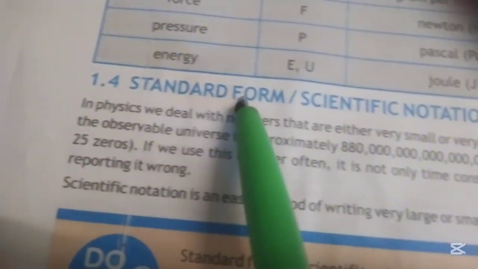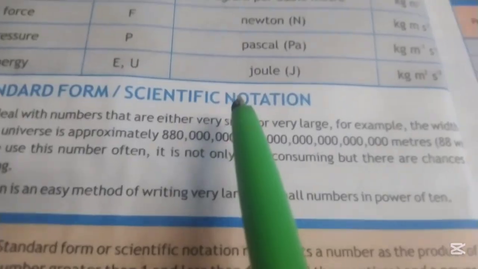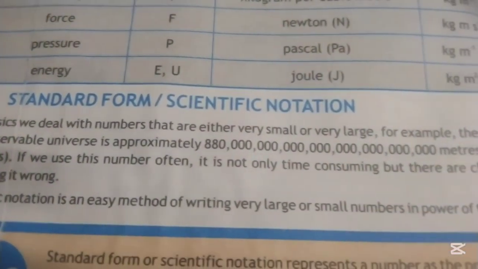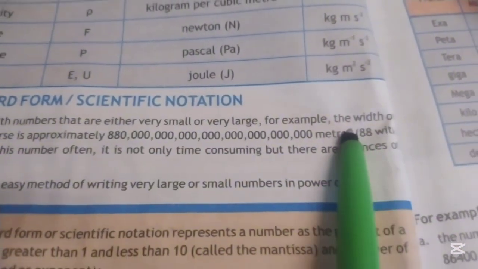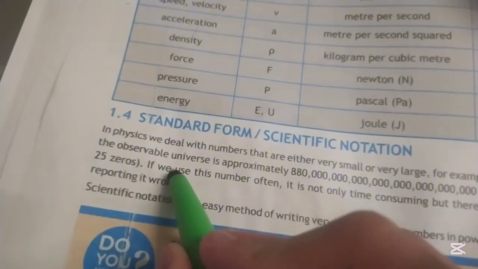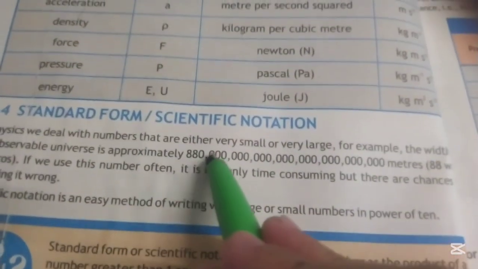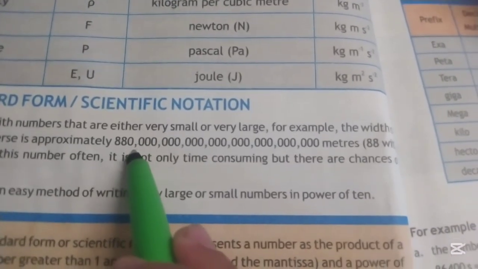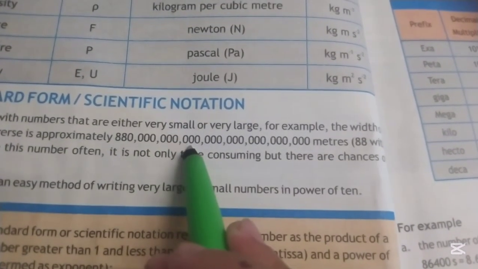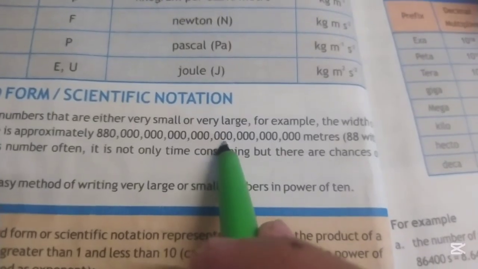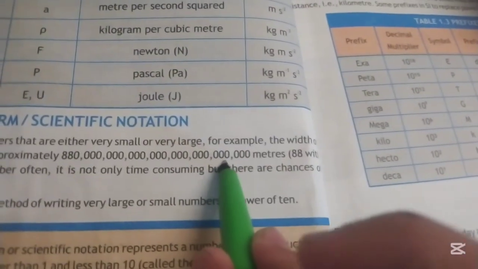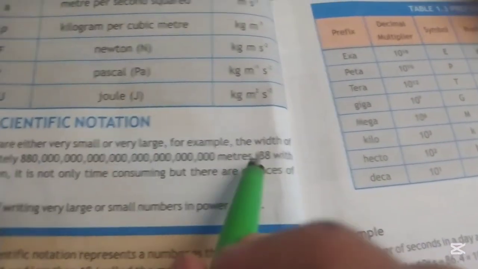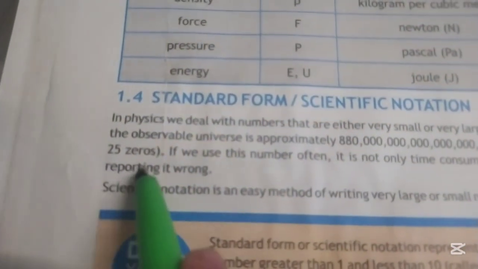1.4 Standard form or scientific notation. In physics, we deal with numbers that are either very small or very large. For example, the width of the observable universe is approximately 88 followed by 24 zeros meters, that is 88 with 24 zeros.